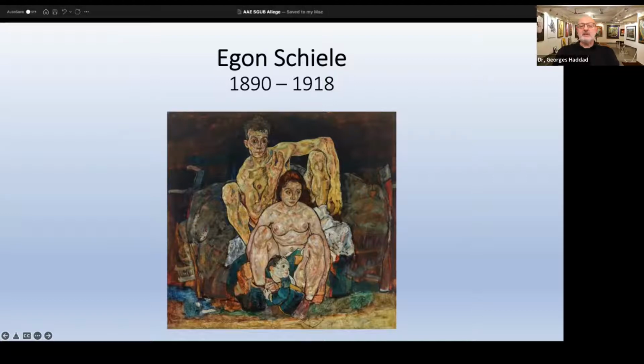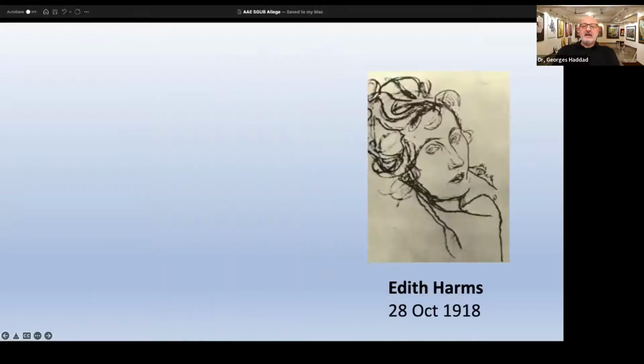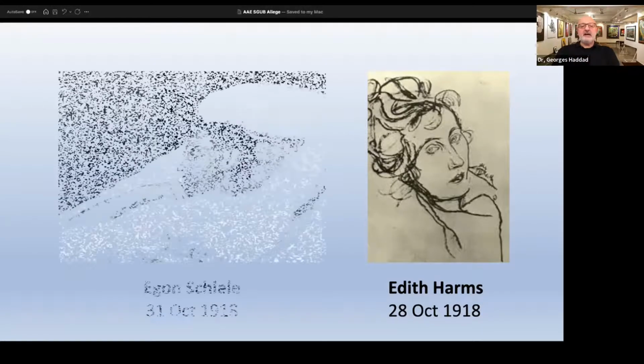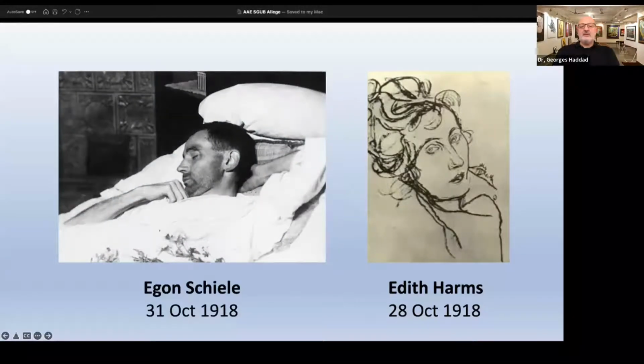But this was not to be, because Edith, his wife, caught Spanish flu, and she died on the 28th of October, 1918. And this here is a drawing that Egon Schiele did of his wife on her deathbed. He went to her deathbed and made a drawing of her. He never left the hospital because he died 3 days later, on the 31st of October, 1918.